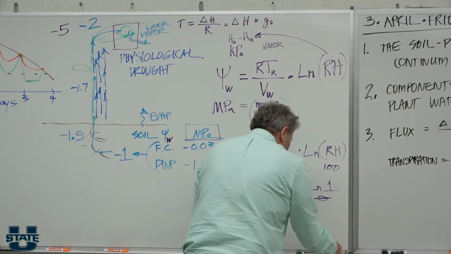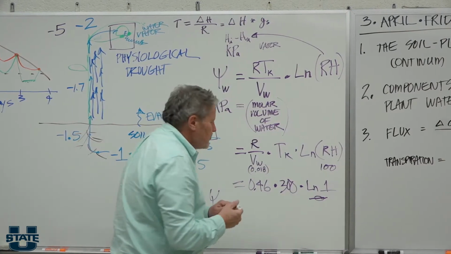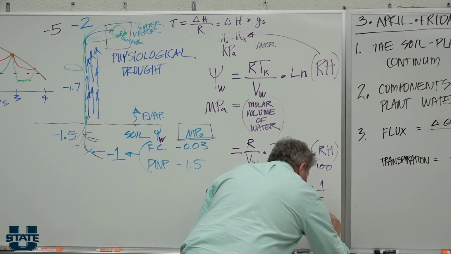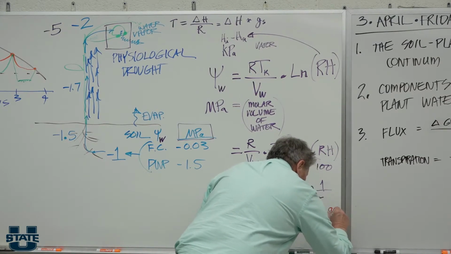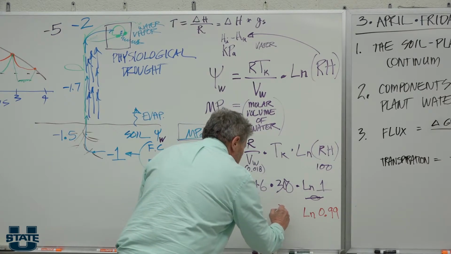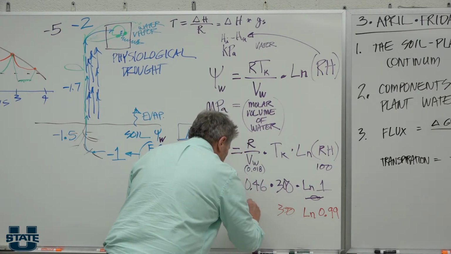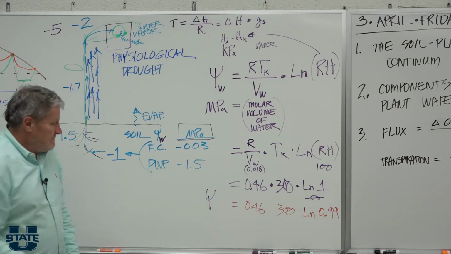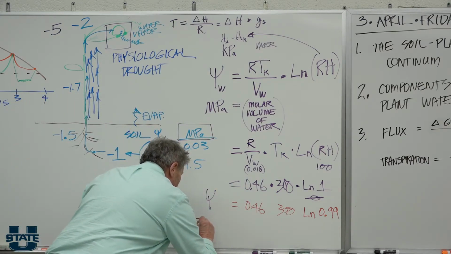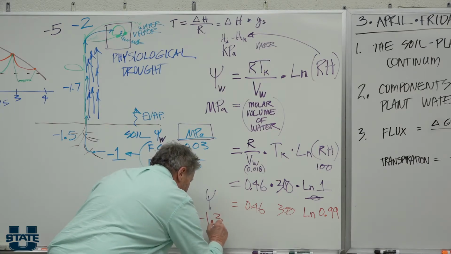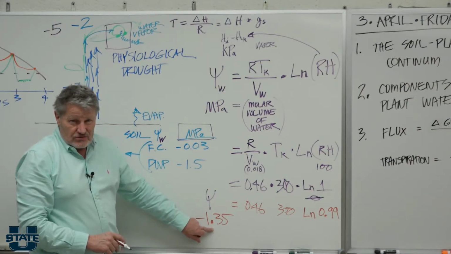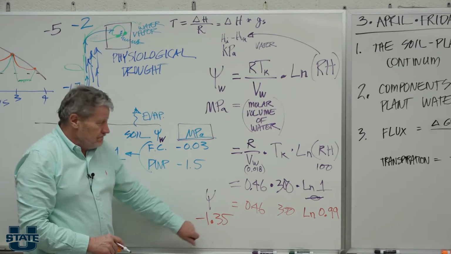But if we put in, right here, let me put this in a different color for emphasis. What if we have 99% humidity? Natural log of 0.99 times 300 times 0.46. This number comes out to be minus 1.35 megapascals. Mega.